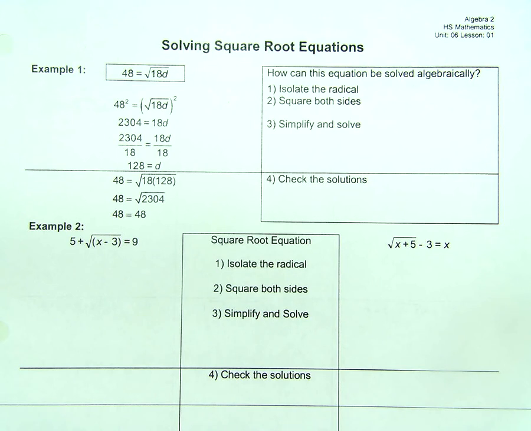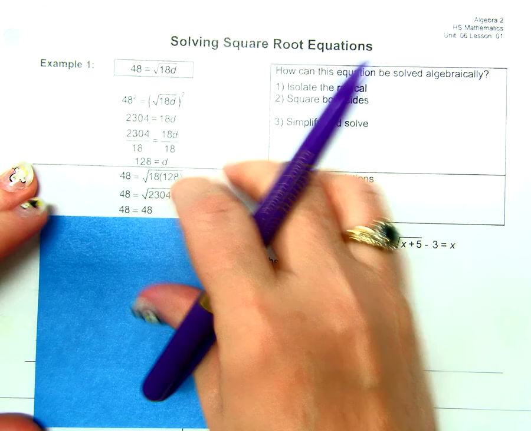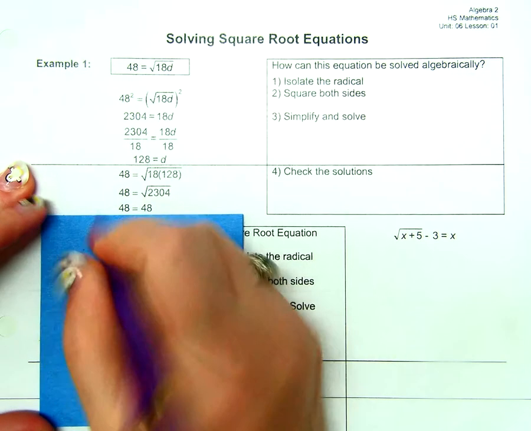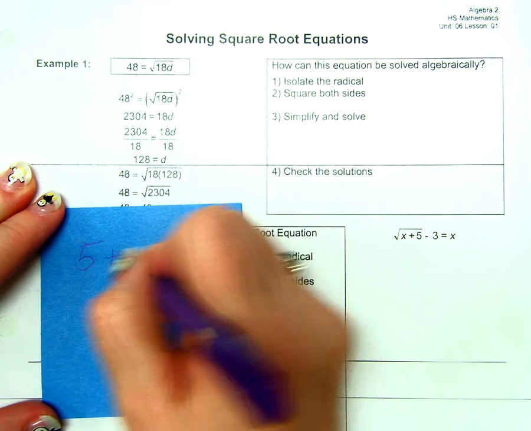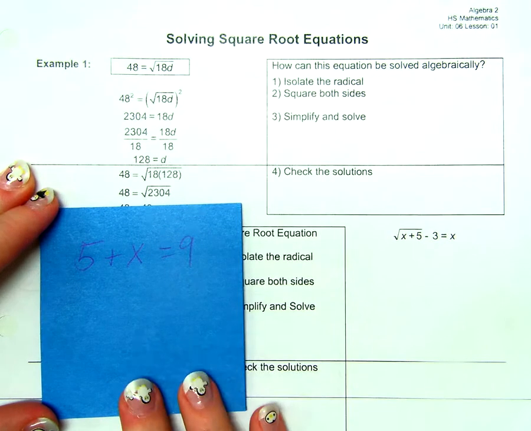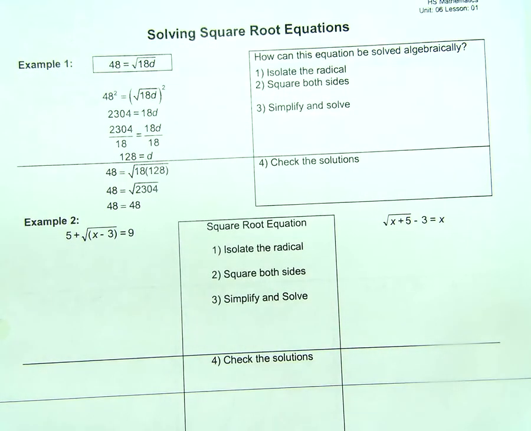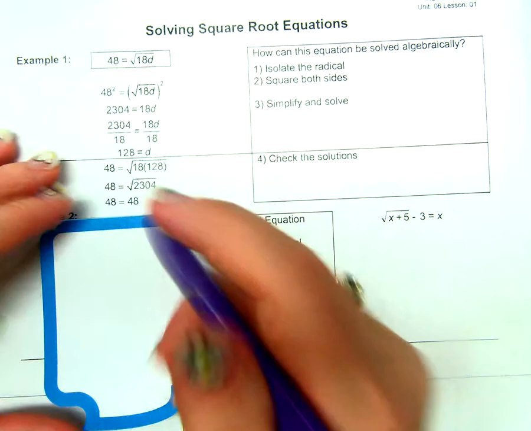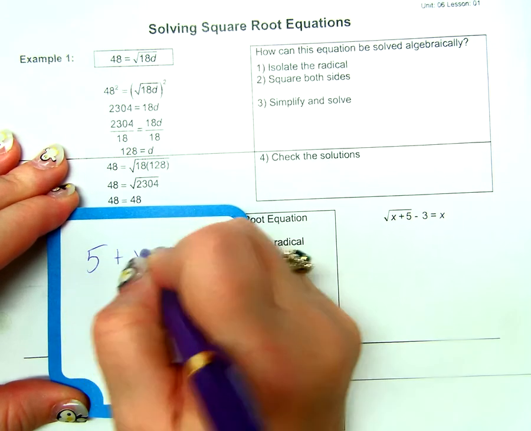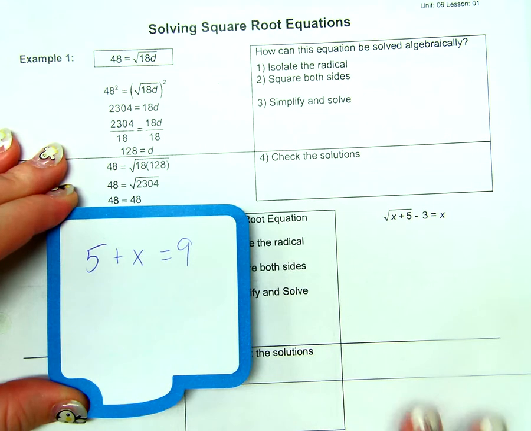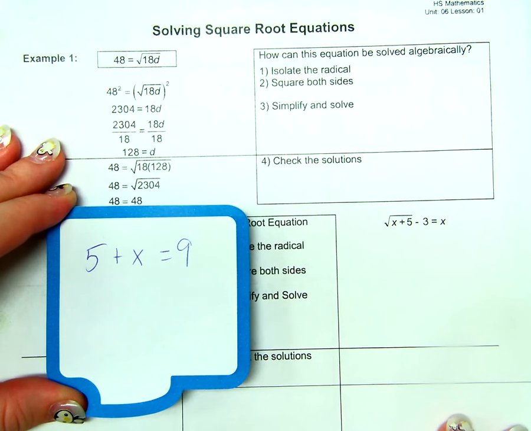We can't get the x out of the radical until we're ready to get rid of the radical. That's a good question, though. What would you do if the problem looked like 5 plus x equals 9? You'd subtract 5 from both sides, wouldn't you?